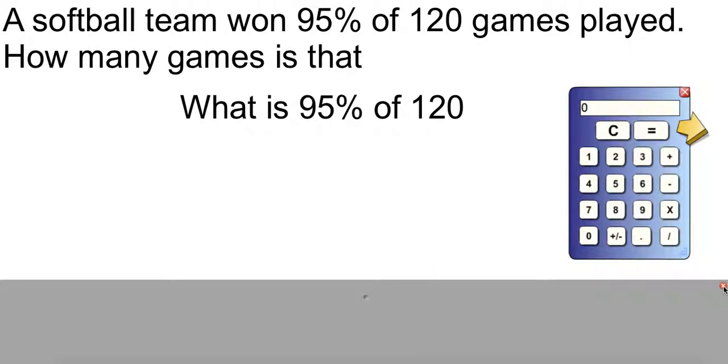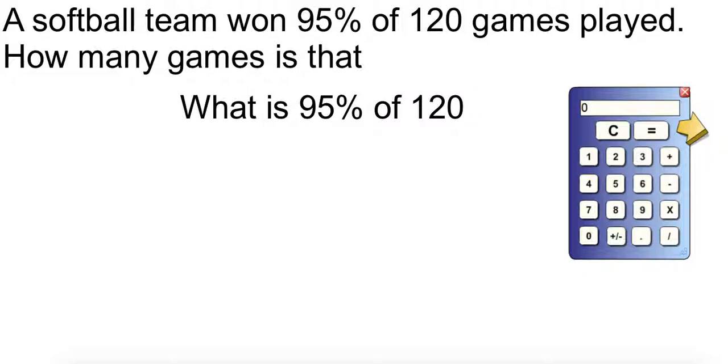Now, you've solved problems like this before using the decimal method. What I mean by that is that you've turned your percentage into a decimal and multiplied it by your subtotal to find your 95% of 120. So again, what we would usually do is divide 95% by 100. This would give us 0.95.